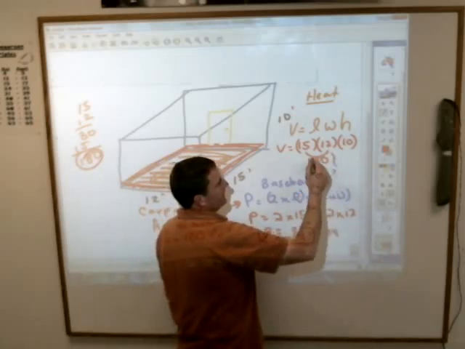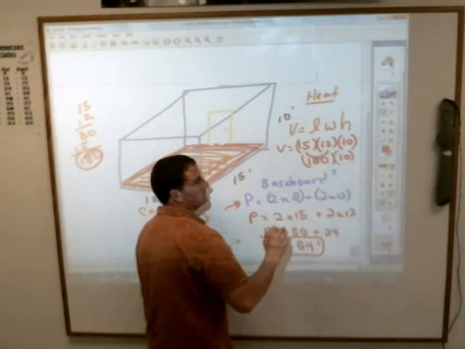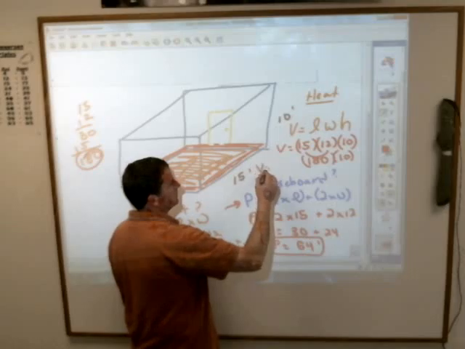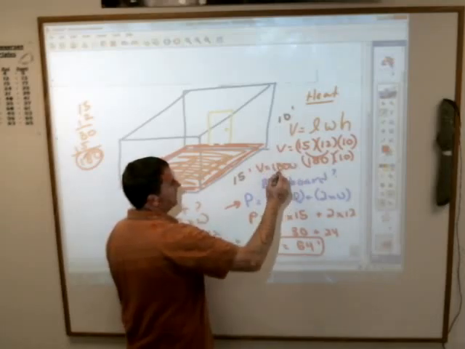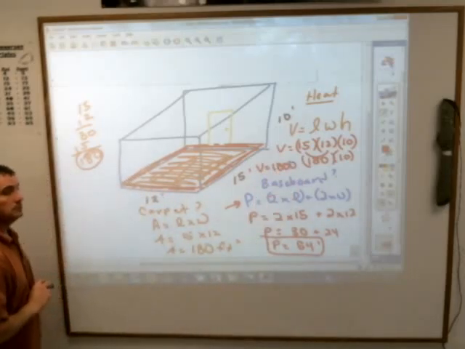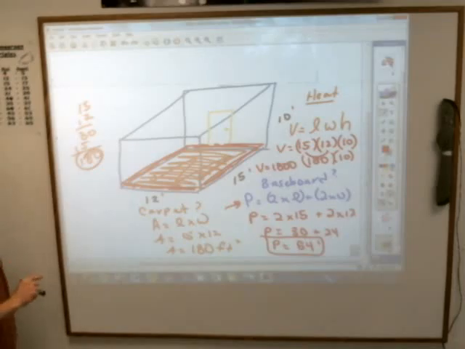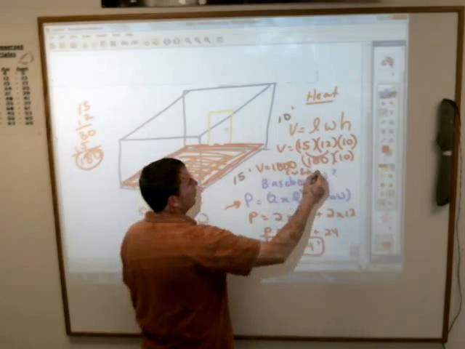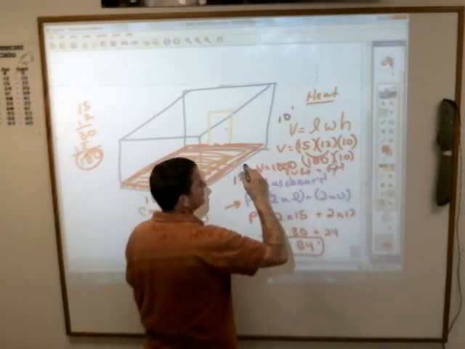What is 180 times 10? Does anybody know? It's a tough one, Zam. 1,800. And that is what unit of measurement? Cubic feet or feet cubed, because I'm looking three-dimensionally.